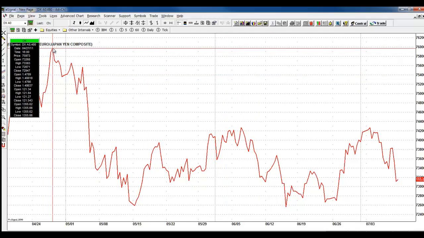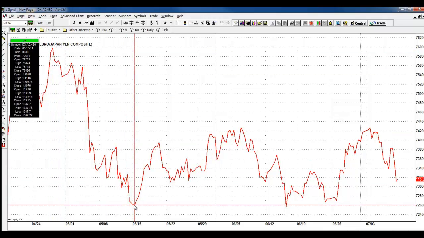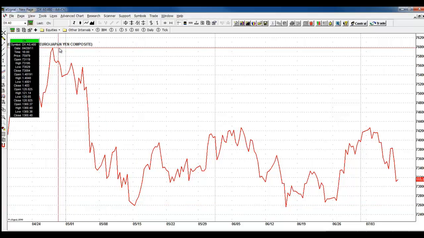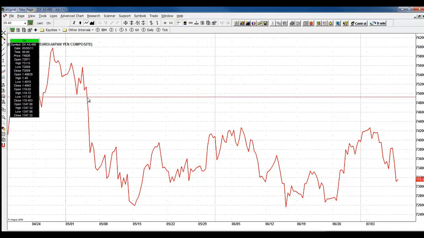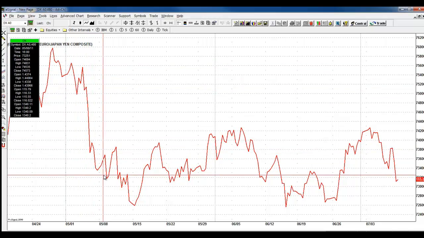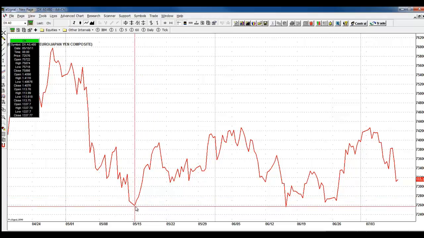This is the day that the euro did 149. It dropped right here, and what looks to be a five-wave rally. If you see it right here, it can be 1, 2, 1, 2, 1, 2, 1, 2 right here, a five-wave rally. So that means that this is A.